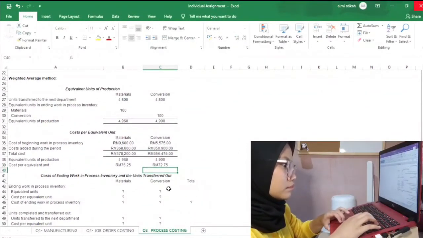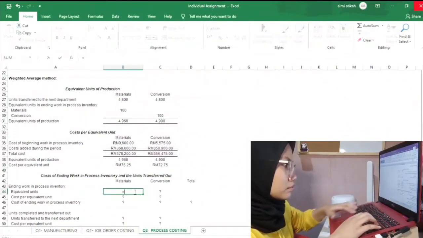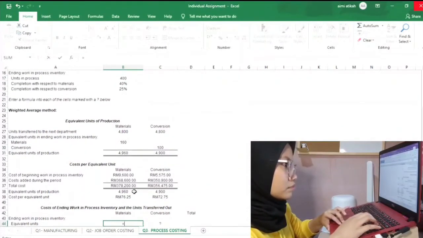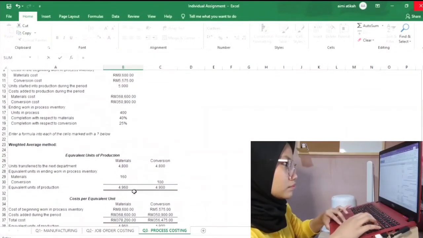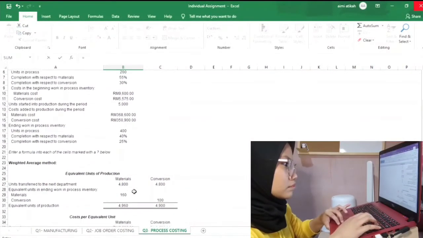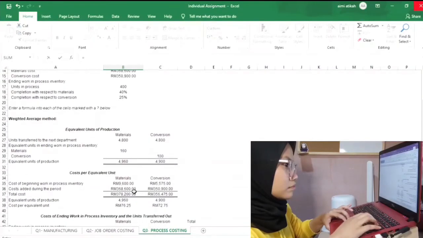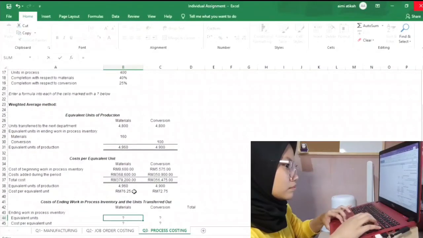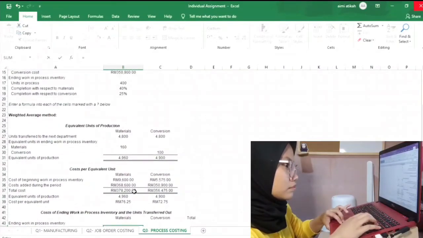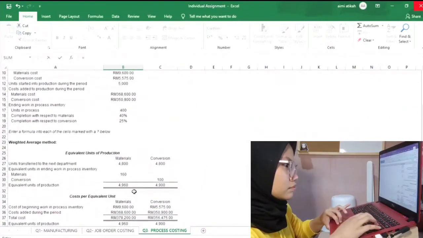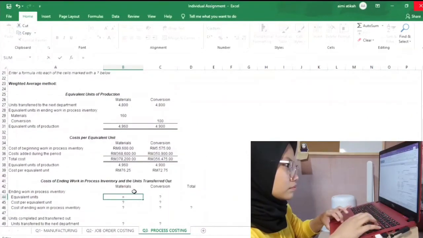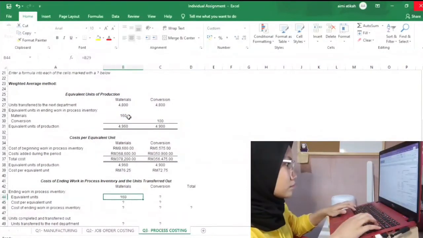Cost of ending work in process inventory and of units transferred out, I will take the equivalent units in ending work in process, for materials and for conversion.